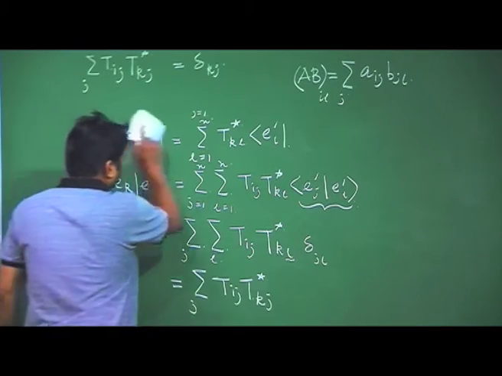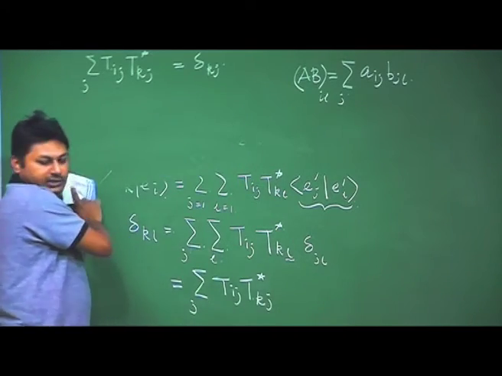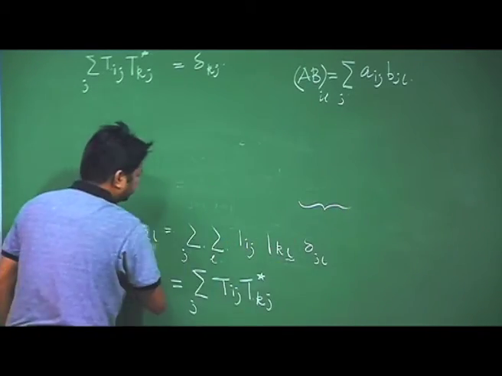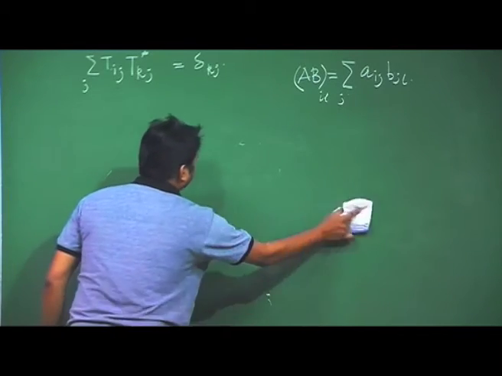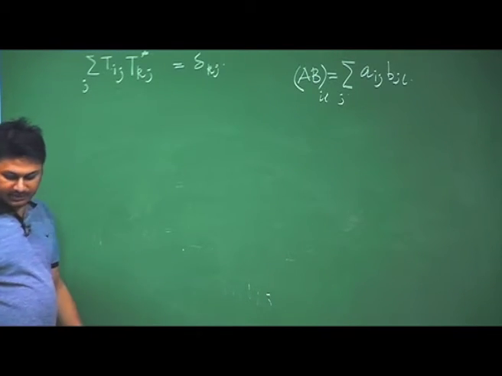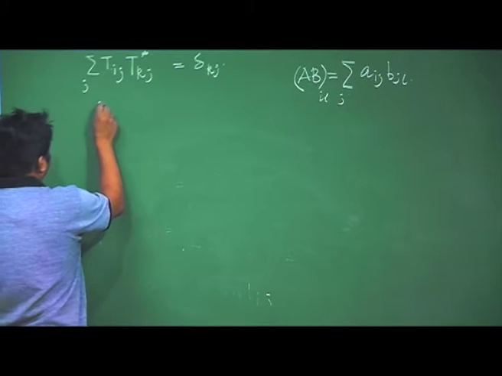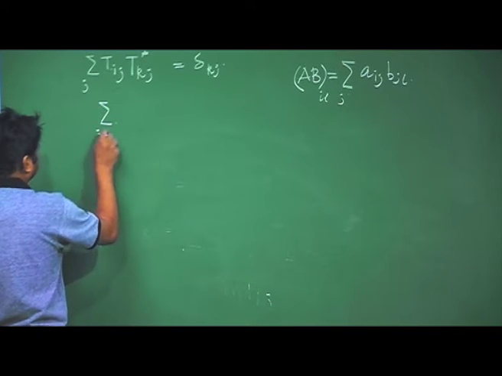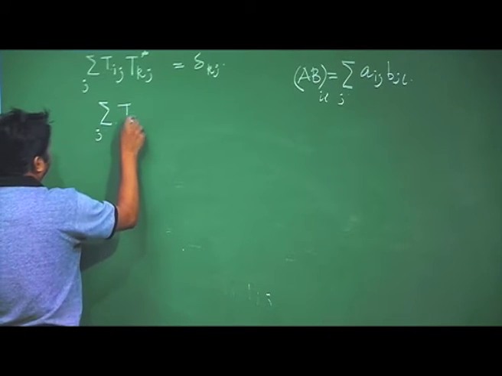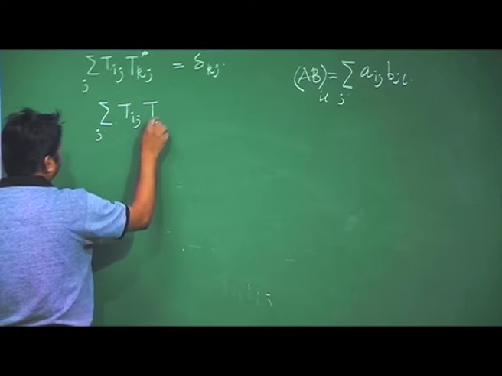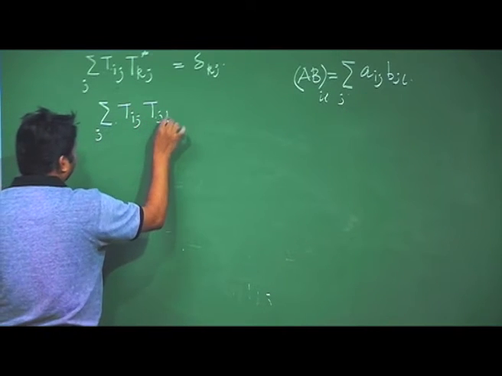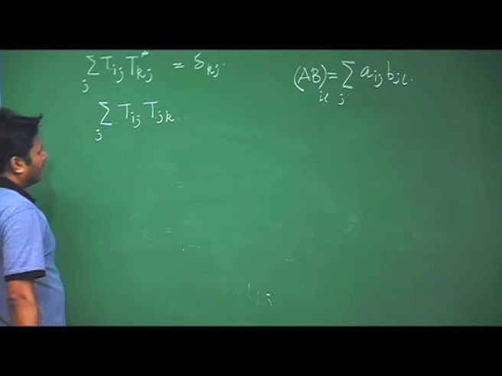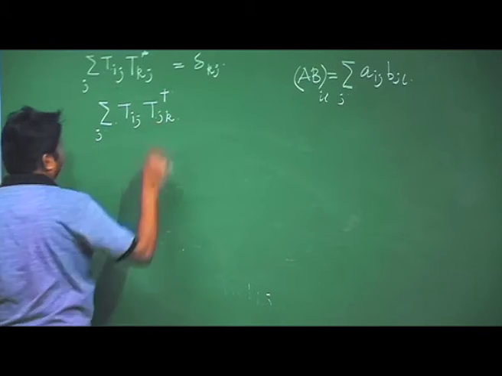If I do that, then obviously I need to make a transformation, or I need to write the T matrix in a different way. So it will be T_ij, T_jk, dagger of that.